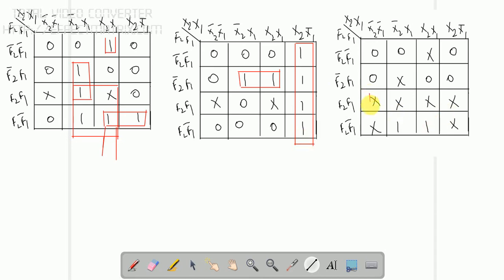Here we are going to take this as an octet, because here x x x x 1 1 x, so this one makes this entire value as 1, so the entire thing is taken as 1 here. So now we can write this as an octet. You can group this as an octet.